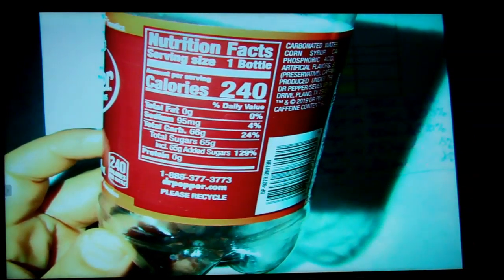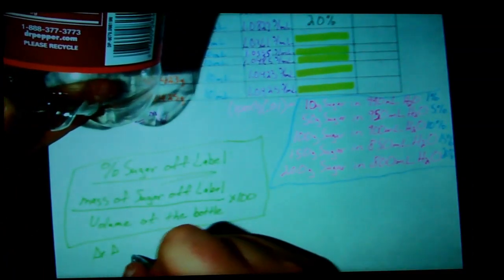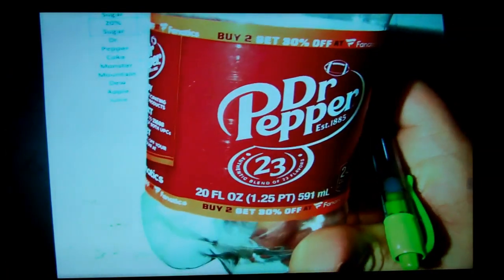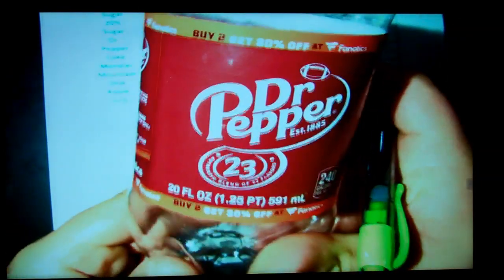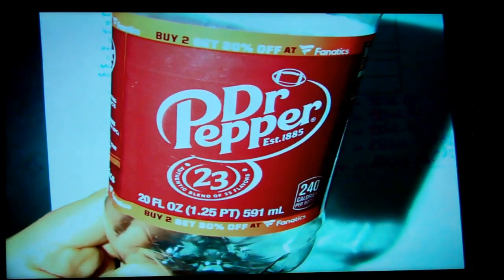So there's 66 grams for Dr. Pepper, and that's divided by, how big of a bottle is this? 20 ounces, but do we use that in this science class? No. Look right here. Milliliters is what we use.